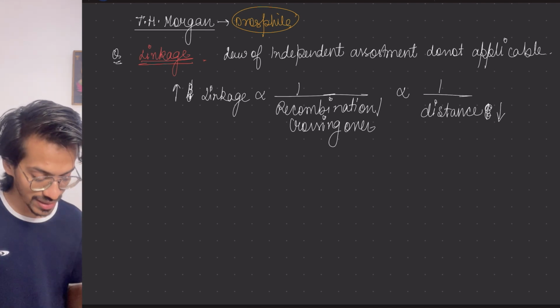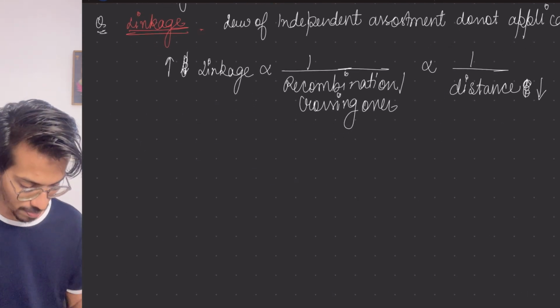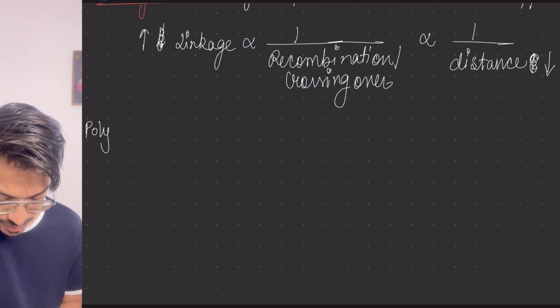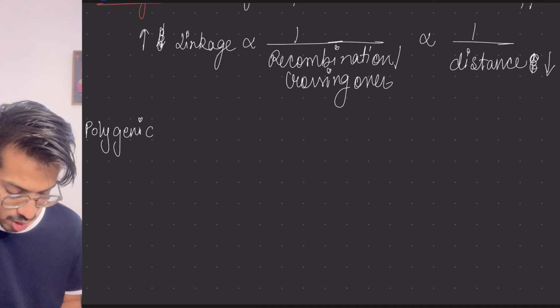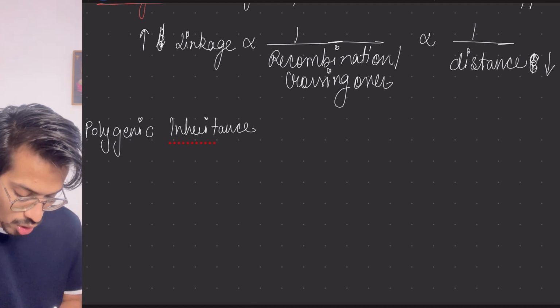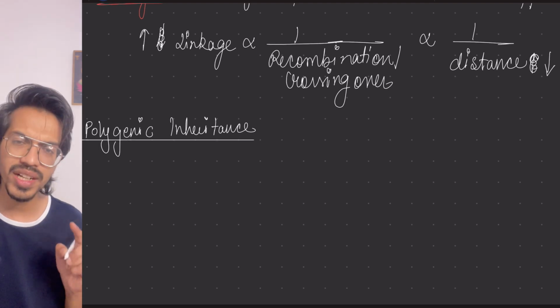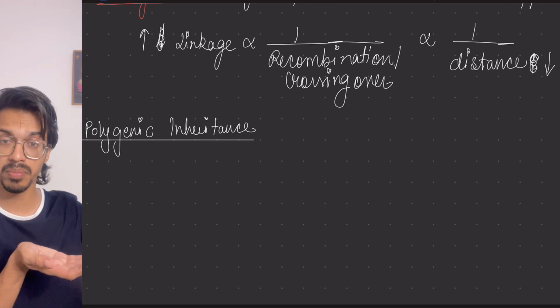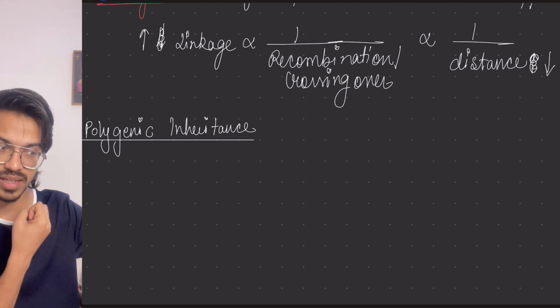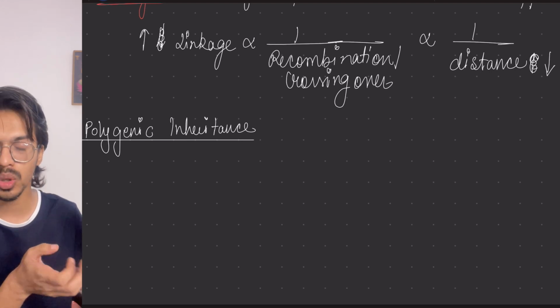Moving on to the next topic, that is polygenic inheritance. Now what is polygenic inheritance? It is a type of quantitative inheritance. Quantitative means the more of a particular type of gene, the more the contrasting character shows.